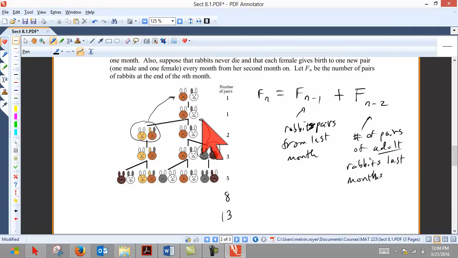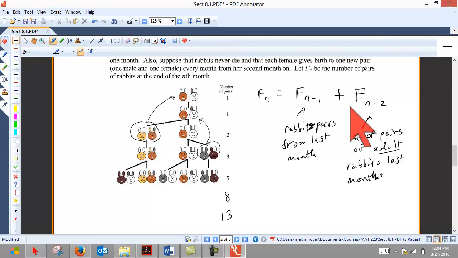Because 2 months ago there was an adult pair. Okay, so survivors plus babies, and babies are the same as the number of mature rabbits in this case.